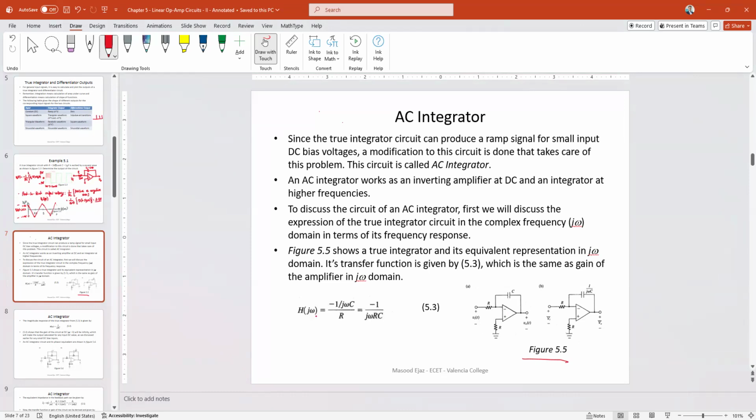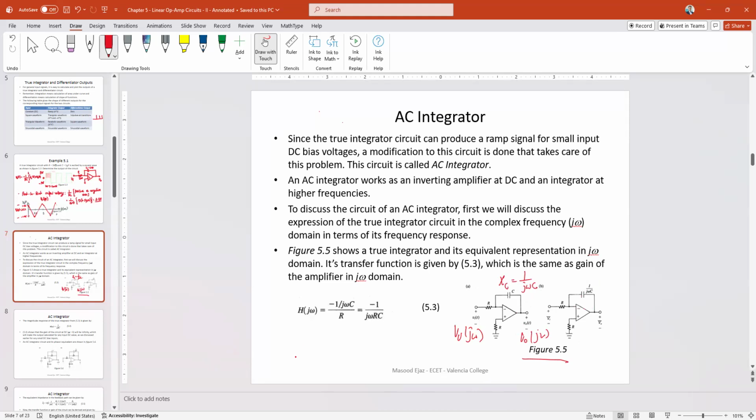So we're going to convert this circuit into the phasor domain. You're going to have V input j omega, V output j omega, and then the reactance of the capacitor, which is simply 1 over j omega C. You can see that in the second figure.